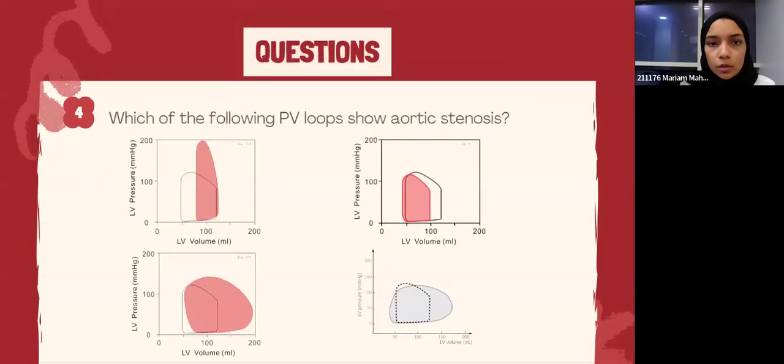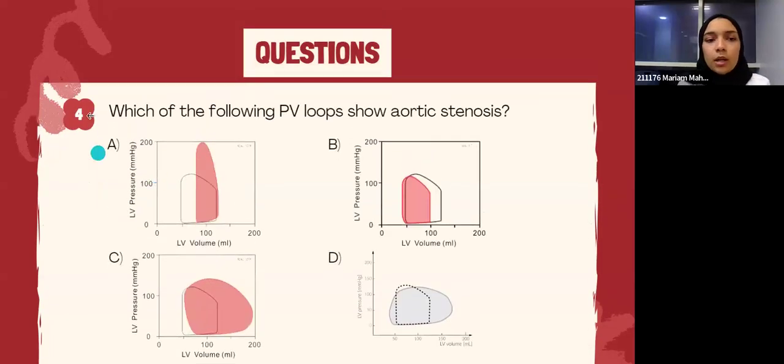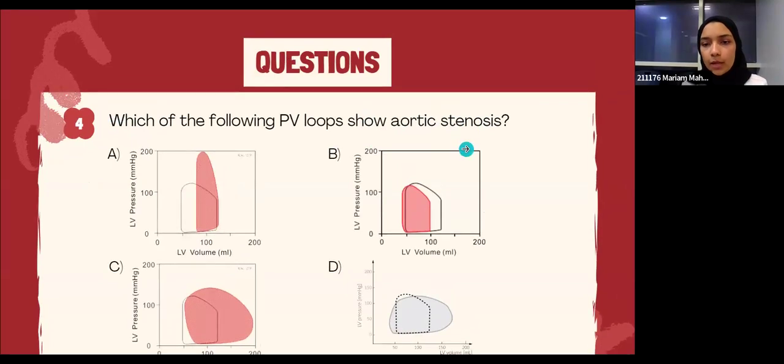Okay. So now for the last question. Which of the following PV loops shows aortic stenosis? Yes, A. So here, you can see that there is ventricular filling. The ventricle is pushing against a hard aortic valve, so it needs more pressure.